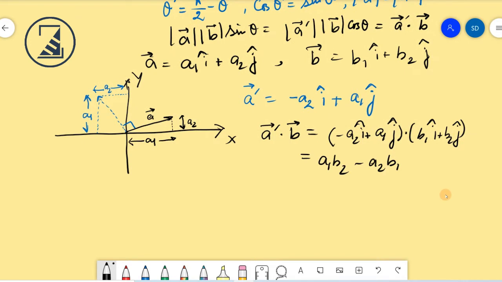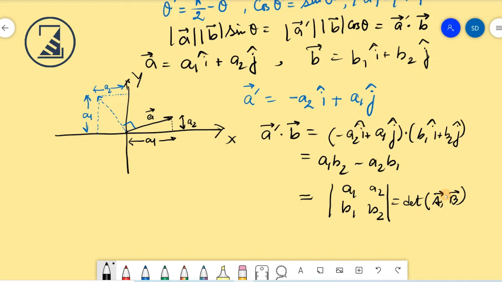So this is equal to a1 b2 minus a2 b1, and this can be written as determinant of a1 a2 and b1 b2. Let's define it like this also: determinant of a vector and b vector is nothing but the determinant of a matrix where the first row is the components of A and the second row is the components of B.